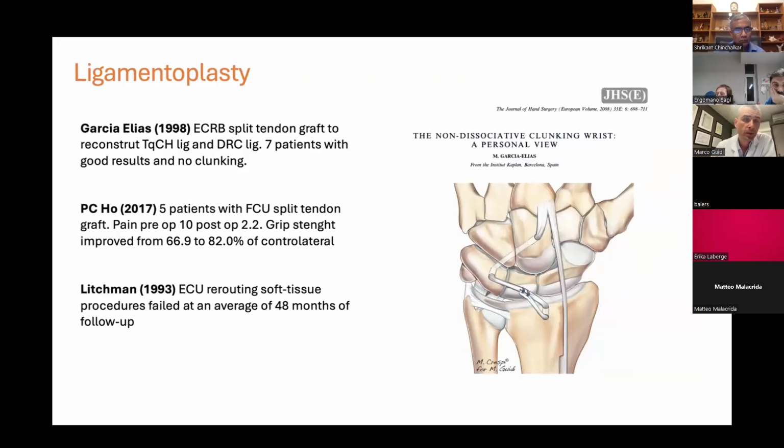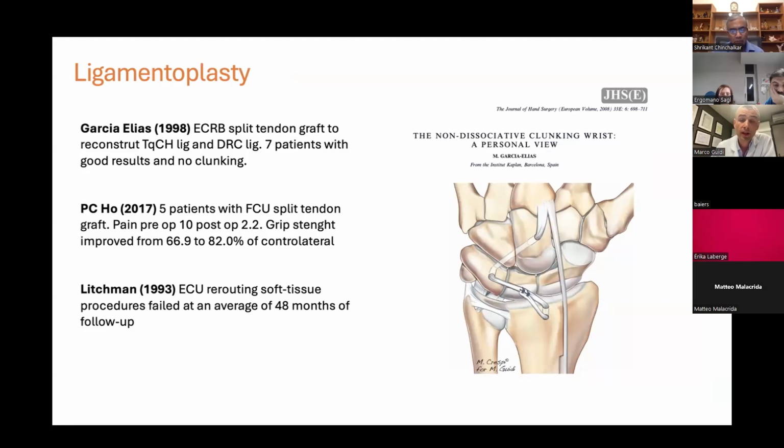I was used to perform the Garcia Elias ligamentoplasty with the extensor carpi radialis brevis, and I still think it's a very nice operation, a little bit tricky. Of course, there is a huge scar, and probably sometimes even the scar is stabilizing the wrist, and we know.